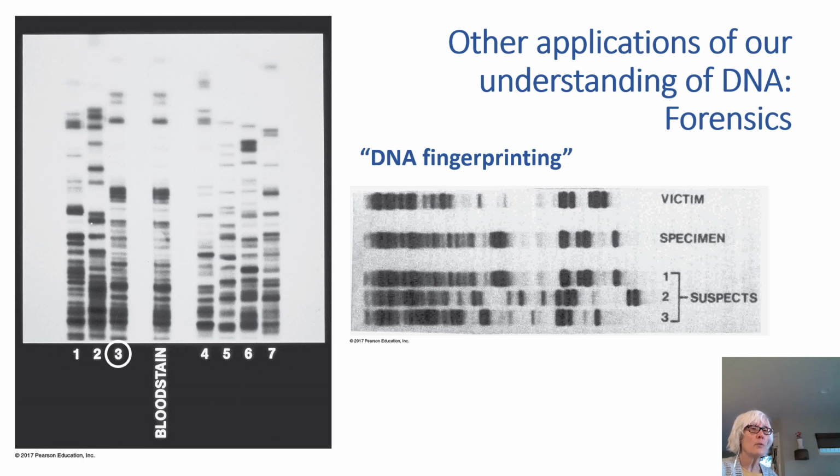The DNA fingerprint from suspect number 3 matches the pattern of the bloodstain found at the crime scene. Therefore, suspect number 3 is probably our culprit. Looking at the image on the right, we have 3 suspects, and we have DNA fragmentation patterns, or DNA fingerprints, of those 3 suspects that we can compare to the specimen that was found at the scene of the crime.